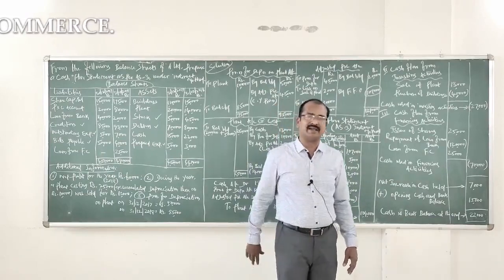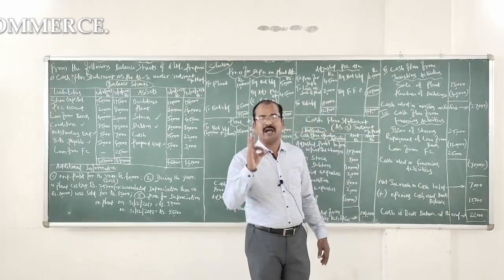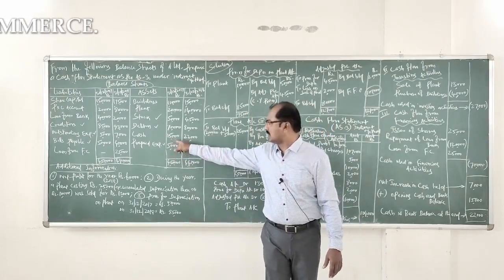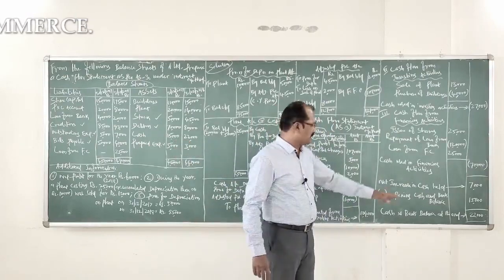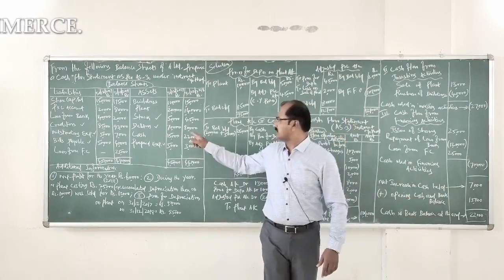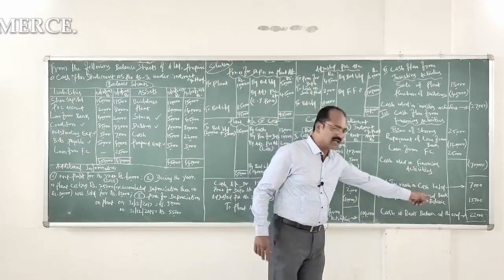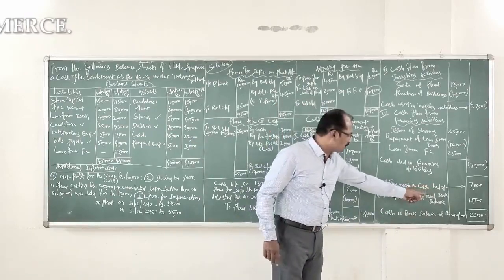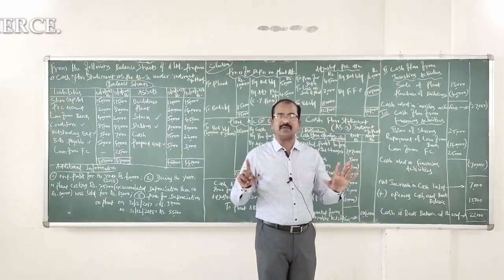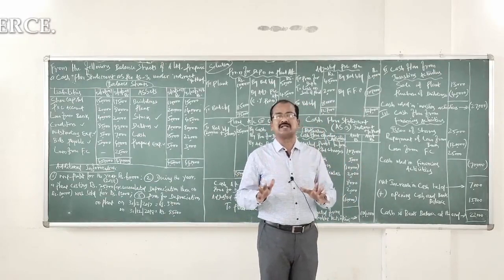With that net increase in cash held, if you add the opening cash and bank balance of 15,000 rupees, you get the closing cash balance of 22,000 rupees as the answer. Check it out: 7,000 plus 15,000 gives us 22,000 rupees, which is the closing balance of cash and bank.